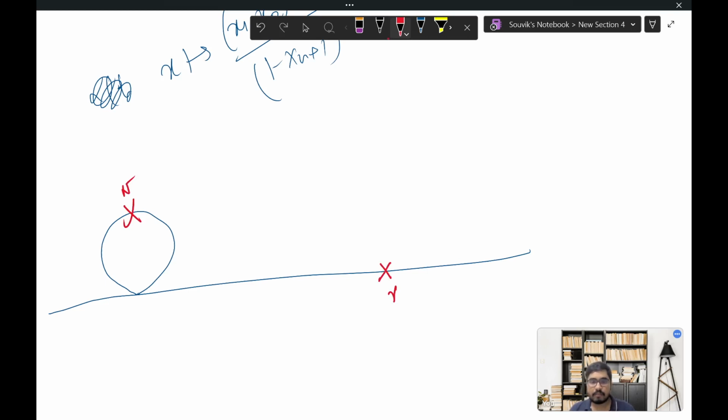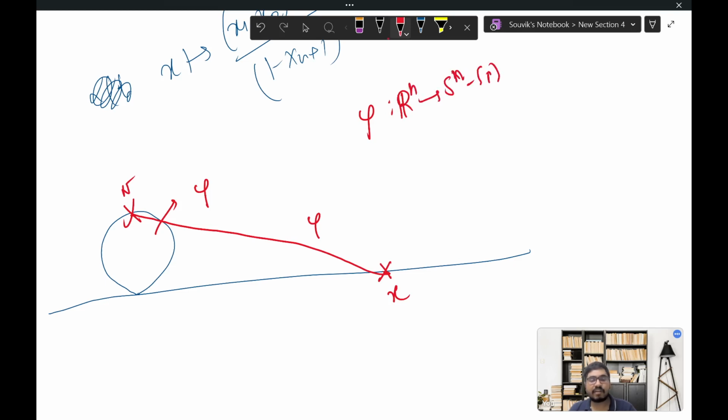If we choose any point x here, and consider the line with this, then we need to calculate at which point this line intersects the sphere. So it is a map from Rn to Sn minus North Pole.